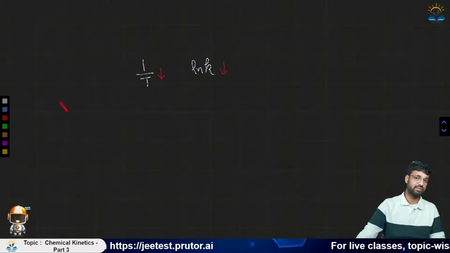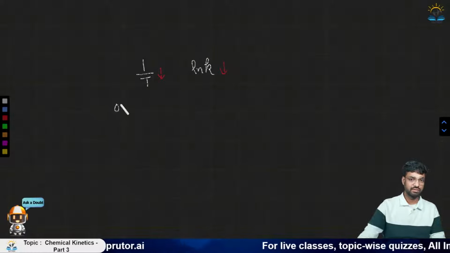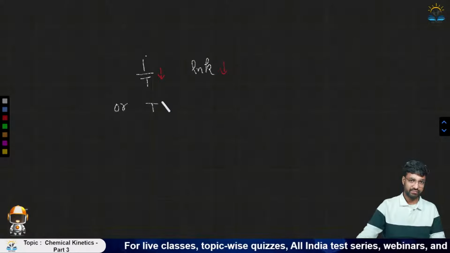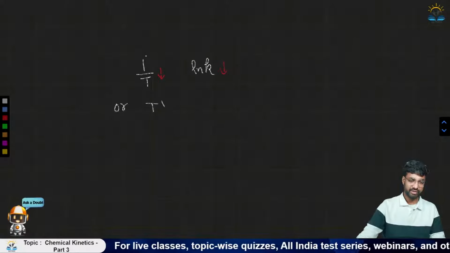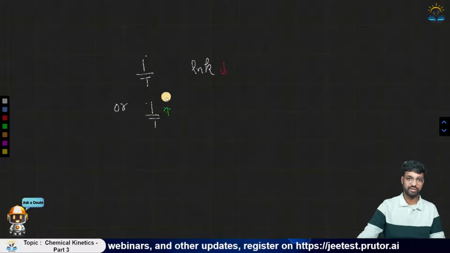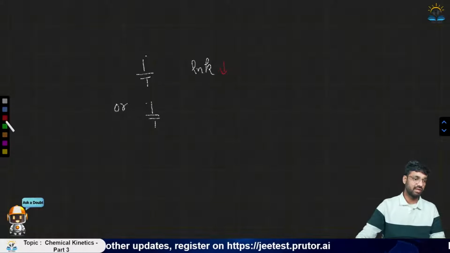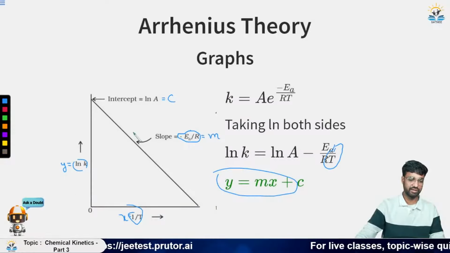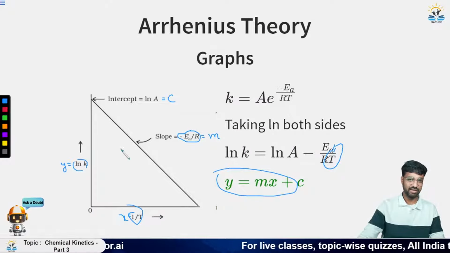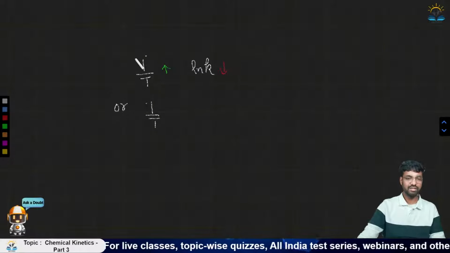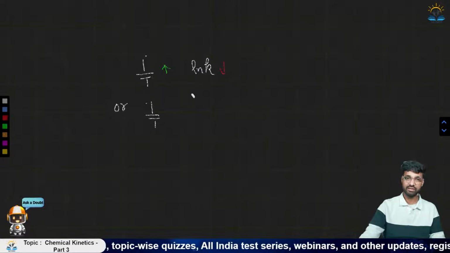Now what we can further infer from this graph: sorry for the mistake. As we are increasing the value of 1 by T, the value of ln k is decreasing. Okay, so you can see here clearly that as we move along 1 by T, ln k is decreasing. Sorry for the confusion. So as we increase the value of 1 by T, this ln k is decreasing.